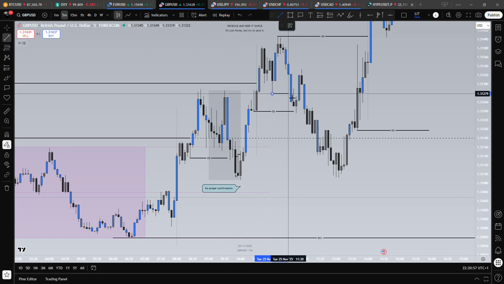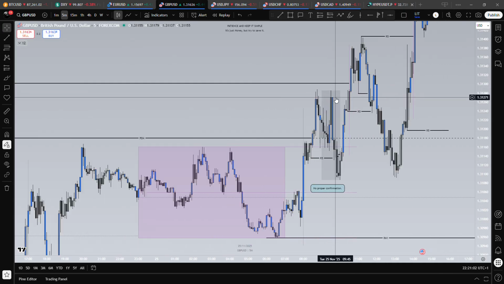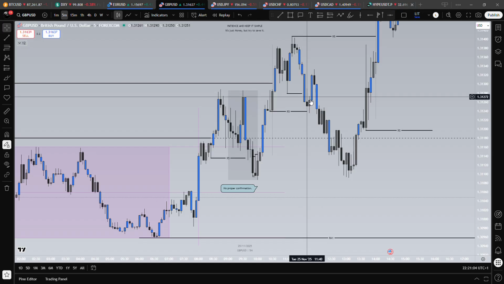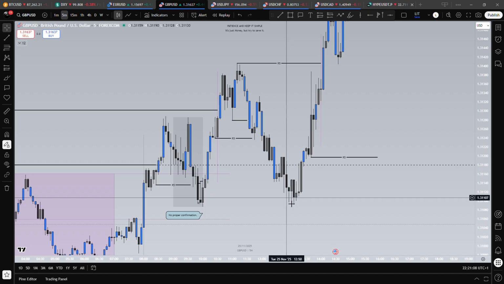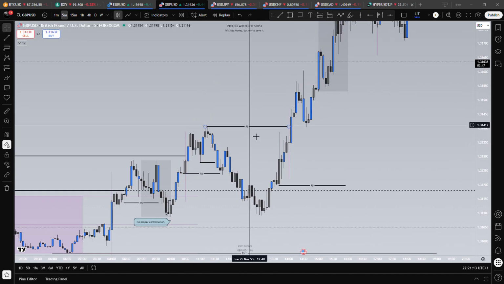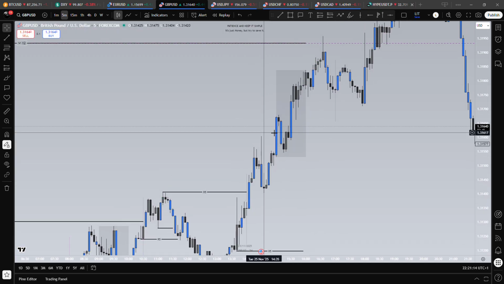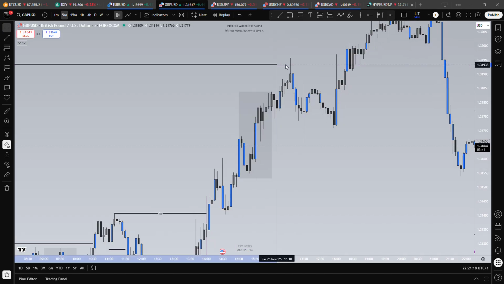Then it moved up and took this raw liquidity on H1 to the left. We had this break of structure here out of timing, taking the raw liquidity in M5, and then it reversed out of timing too. After taking the raw liquidity in M5, I was looking for sells, but we had no break of structure really, so that's nice.